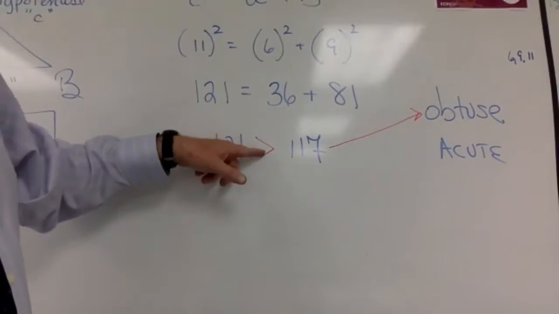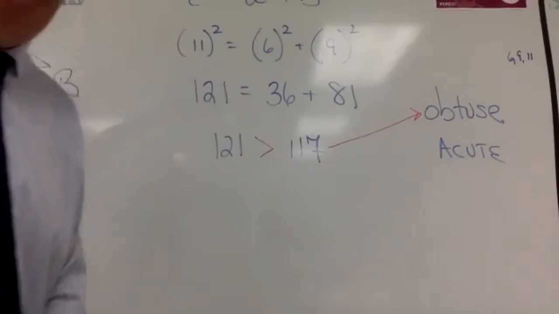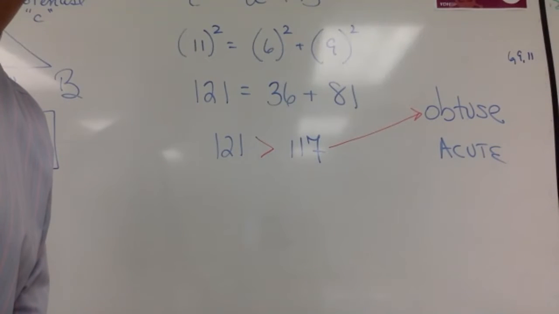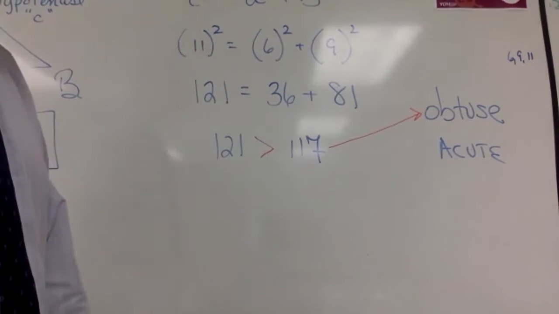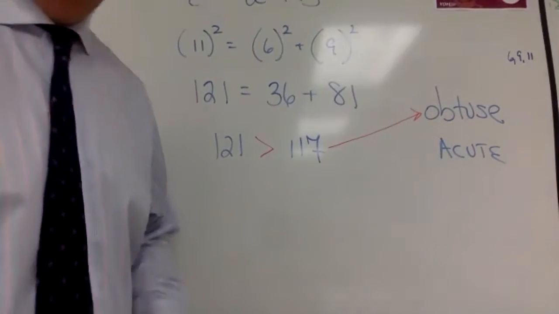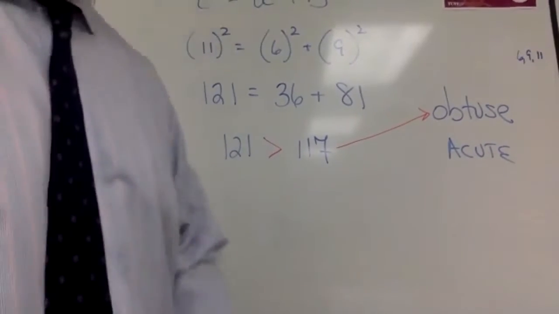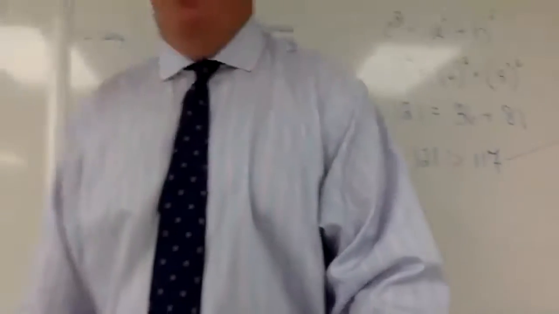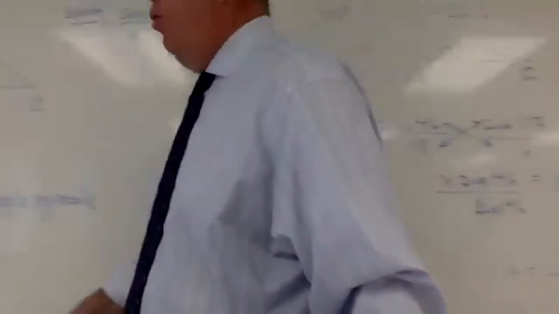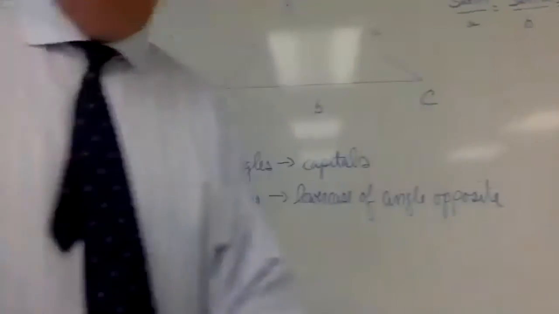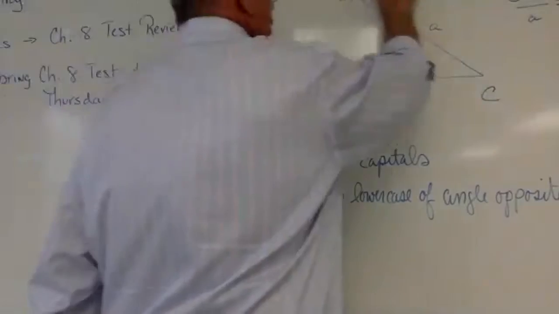So when I see greater than, I just go obtuse. Does that make sense to you guys? Yes. All right. So that's the first thing that you guys learned how to do. You learned how to take the Pythagorean theorem and use it to determine whether or not the triangle was right, obtuse, or acute.